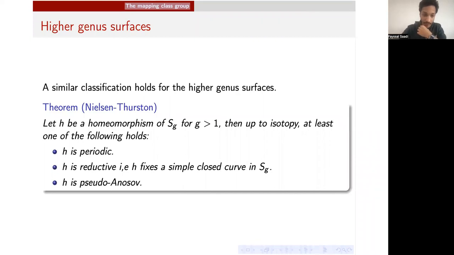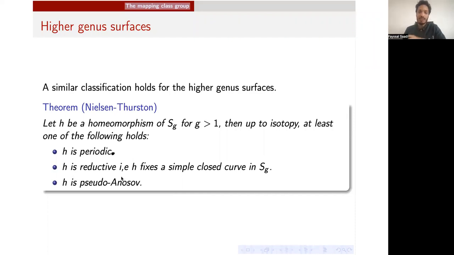And this theorem is due to Nielsen and Thurston. If you have a homeomorphism H on a closed surface S where the genus g is bigger than 1, then we have only three cases. Either H is periodic, which is not very interesting. The second case is H is reducible.